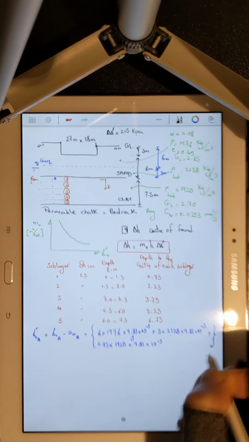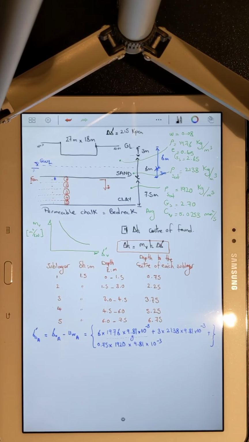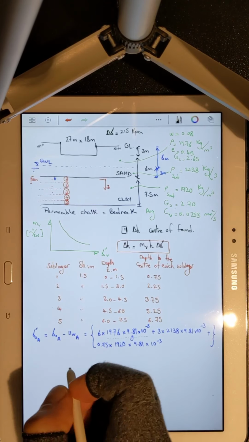And this is my total stress at point A. Total stress minus pore water pressure.